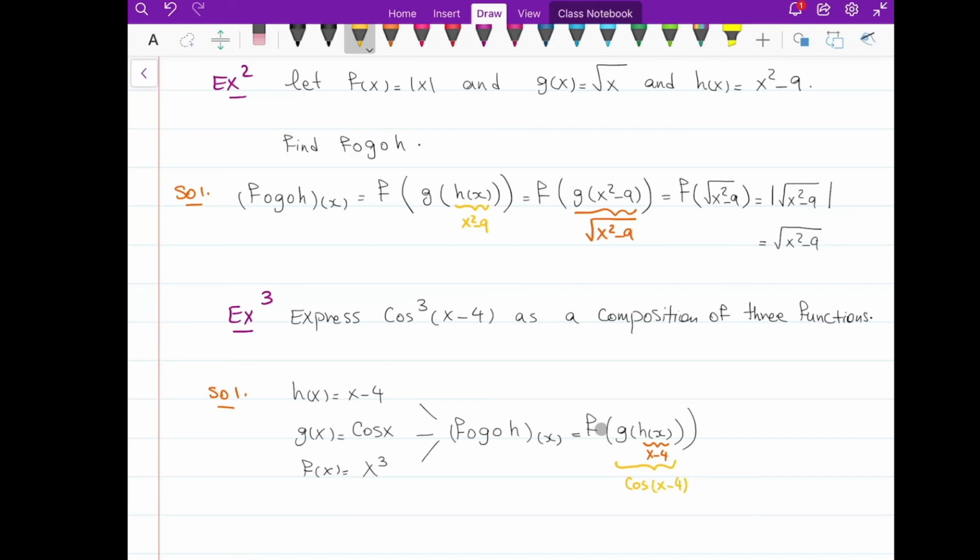And then f of cosine of x minus 4. So f is a function that makes everything cubed. So this one would be cosine cubed of x minus 4. Or I can write it this way so that you understand it better. Very good. The same function.